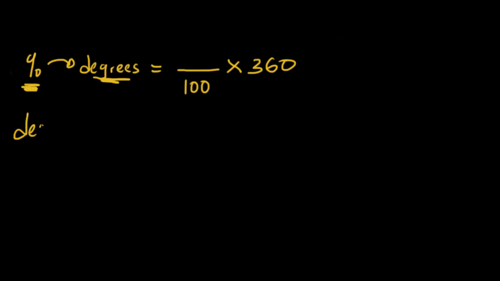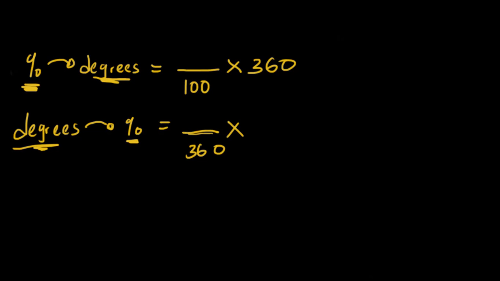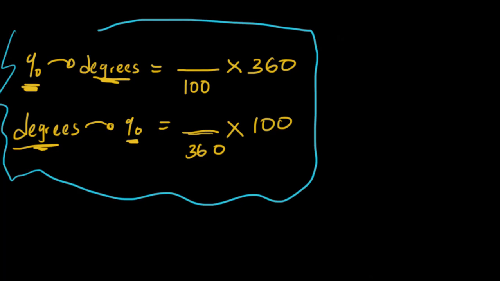Now if I'm told to convert from degrees to percentages, now remember degrees add up to 360, so whatsoever I'm given over 360 times what percentages add up to, 100, times 100. Does this make sense? So as long as you can remember this, you'll be able to do the conversion perfectly.